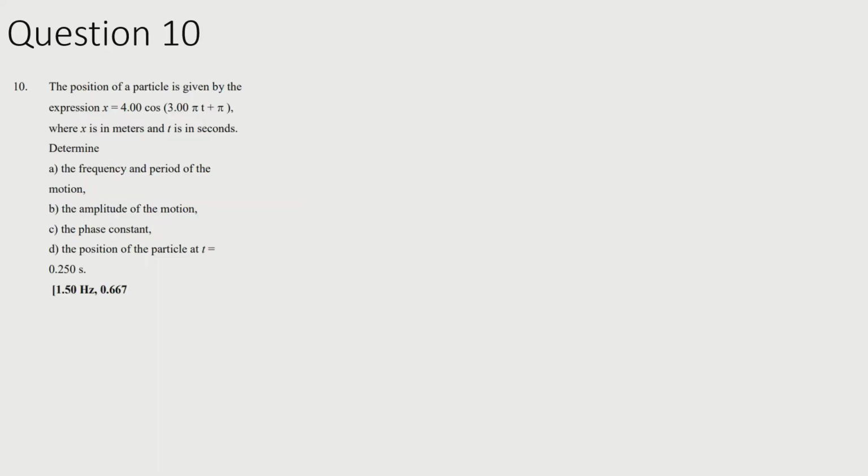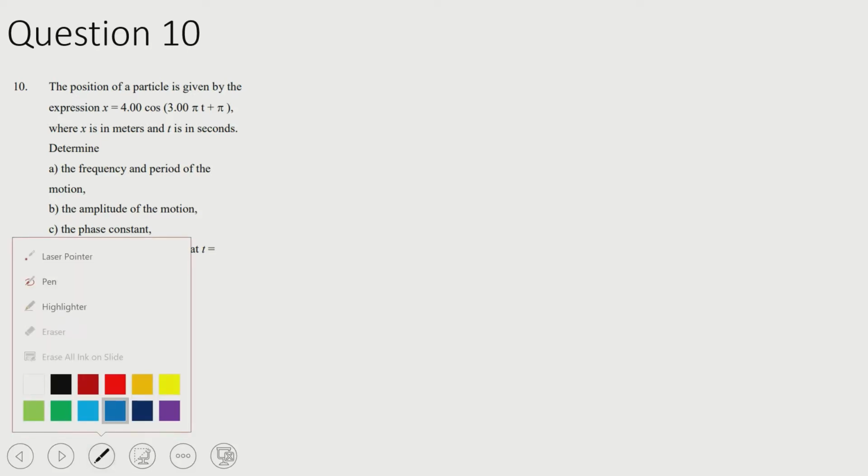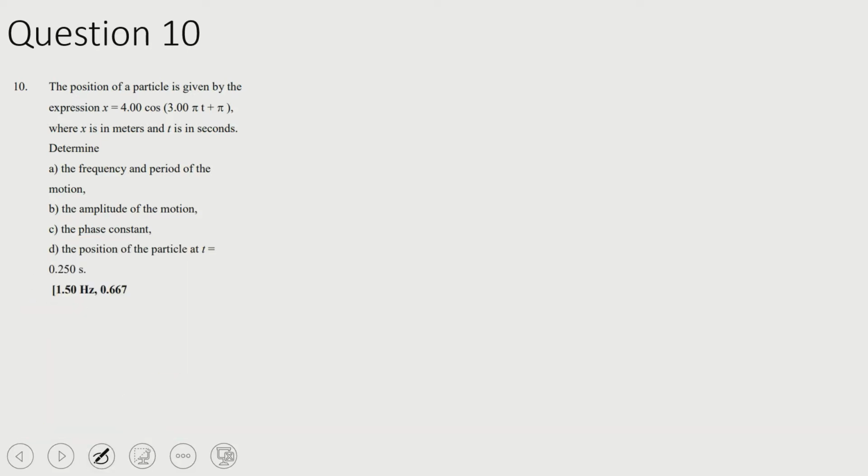So let's look at question number 10. Okay, the position of a particle is given by the expression x equals to 4 cos(3πt + π), where x is in meter and t is in second. Determine the frequency and period of the motion. Okay, let's do this.